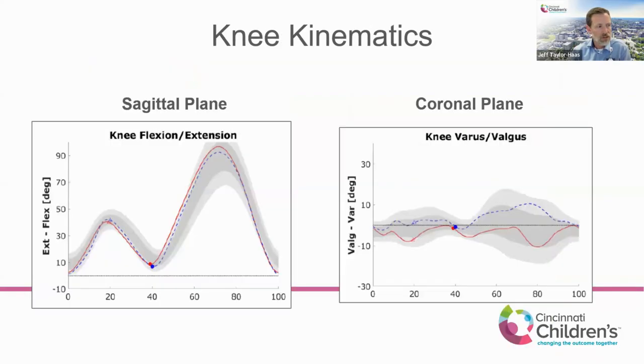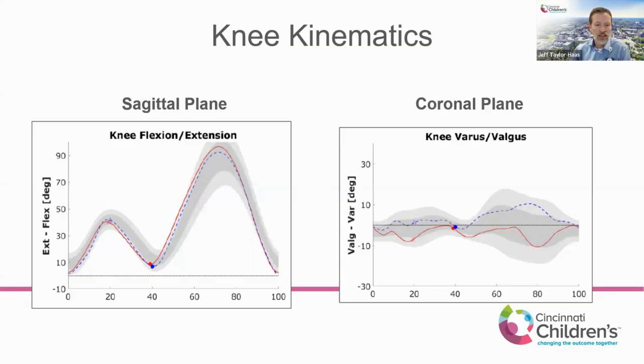Moving on to the knee and the sagittal plane, we're looking at sagittal plane kinematics. This again is a plot we saw previously. At initial contact, runners land with their knee relatively extended. At mid-stance, you hit peak knee flexion for the stance phase, and then the knee starts to extend again as you get towards toe off, and then rapidly flexes throughout the swing phase, where it hits peak knee flexion at mid-swing.